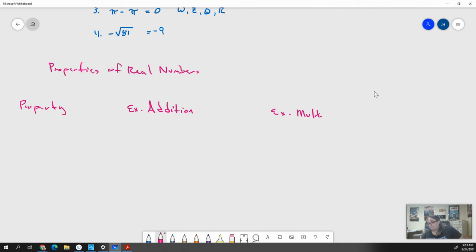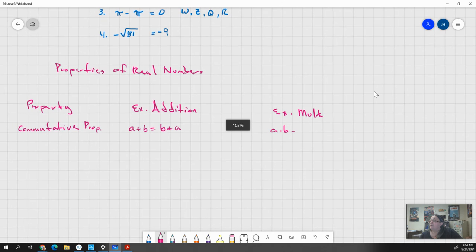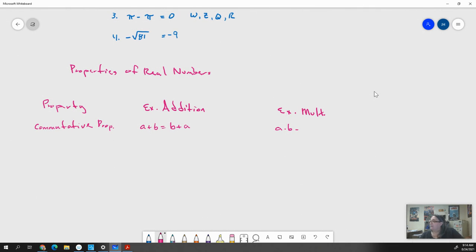So the first property we are going to talk about here is the commutative property. In addition, it says if I have A plus B, it's going to equal B plus A, right? They're going to have the same solution. In multiplication, it's saying A times B equals B times A. And if you think about that, you could see that it's true.